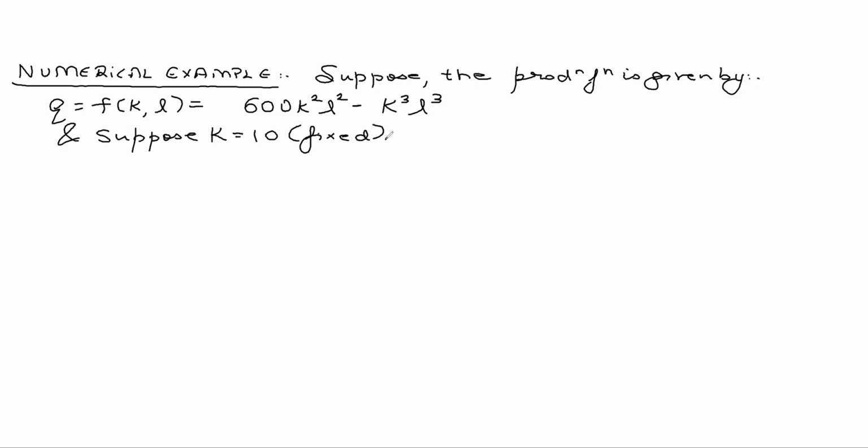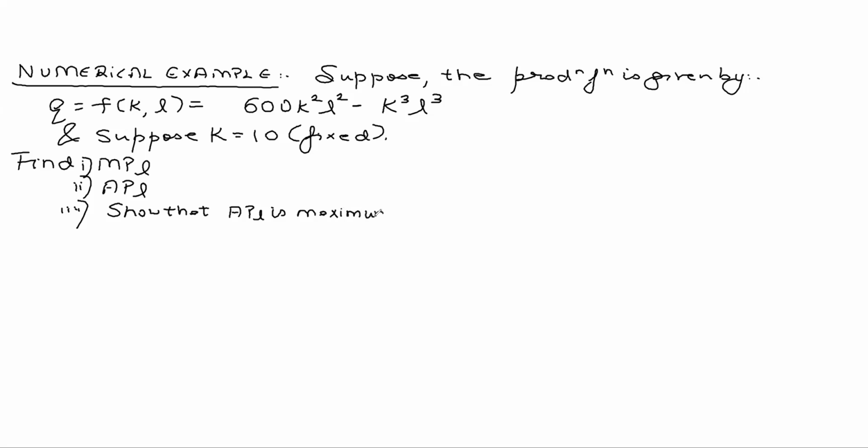So the question asks us, find: part 1, marginal productivity of labor; part 2, average productivity of labor; part 3, show that APL is maximum when MPL is equal to APL.